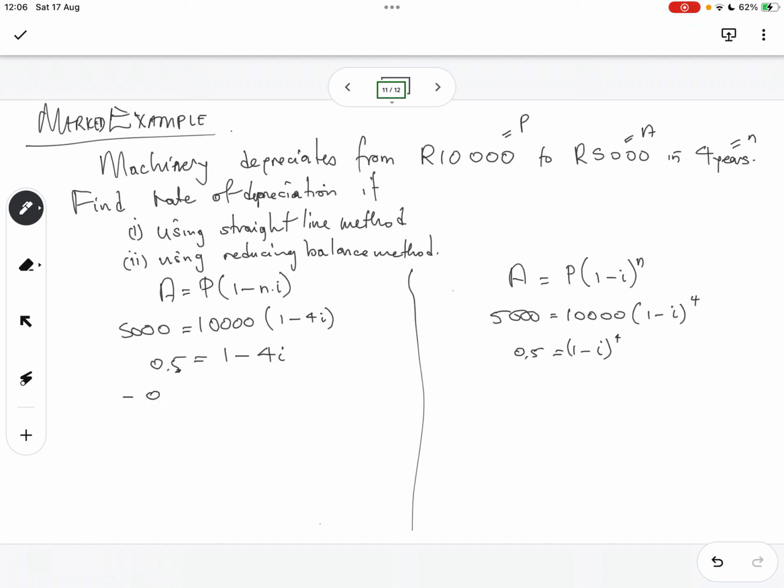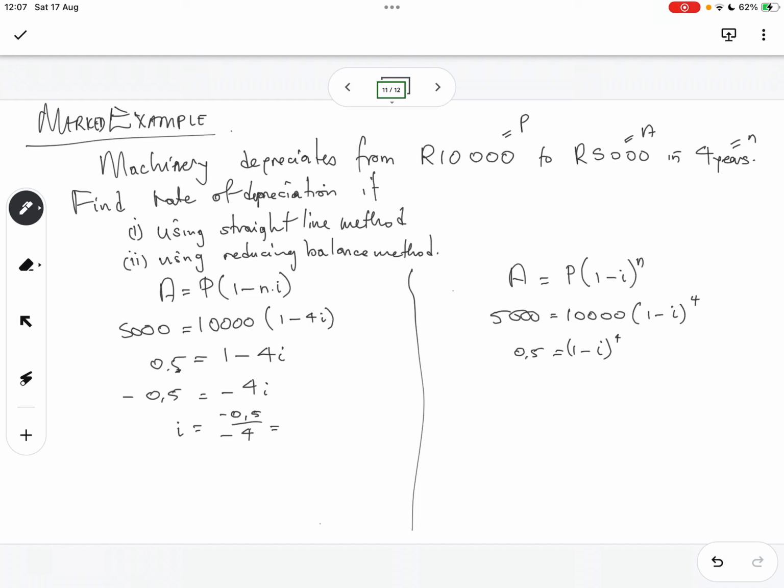And on this end, we take additive inverses, so negative 0.5 will equal negative 4i. Taking multiplicative inverses again, i would equal 0.5 divided by 4.